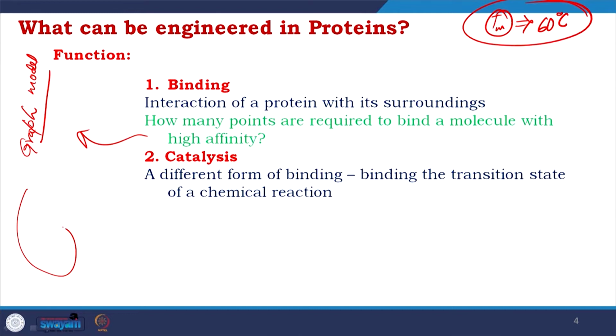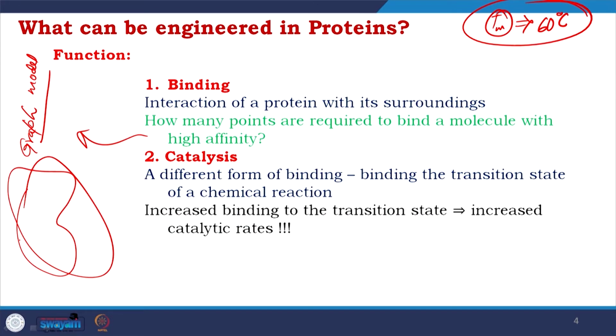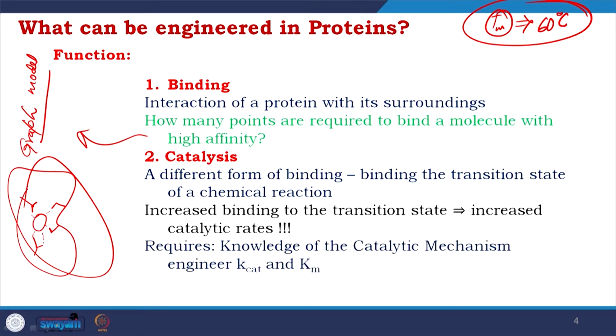What I mean is, suppose you have a protein like this, and the protein has 1 amino acid, 2 amino acid, 3 amino acid, 4 amino acid. Then there is a substrate, and the substrate is making non-covalent interactions with the protein.